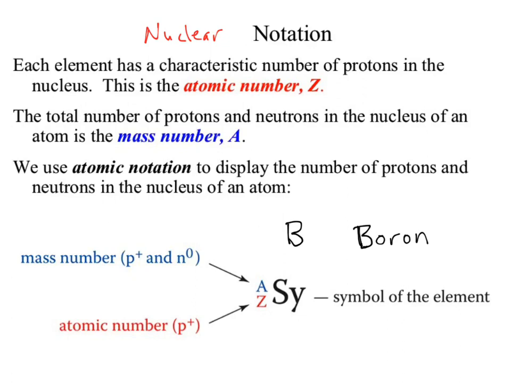You need to look for that elements for memory file, which I believe is in Canvas. It lists something like 70 elements, just their names. You need to know their symbols. The ones that are bolded, you absolutely need to know the name and symbol for. Boron happens to be one of those. That's how you know it. It is a definition.